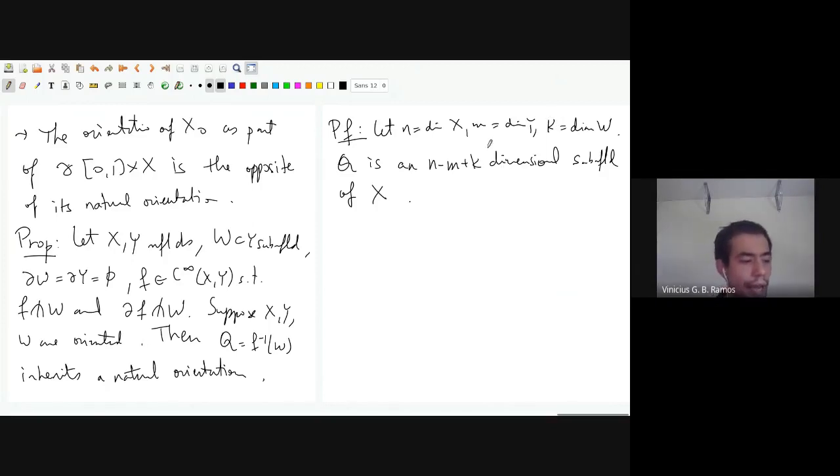And the other thing that we know is, what happens when you look at the derivative of F at T_x Q?